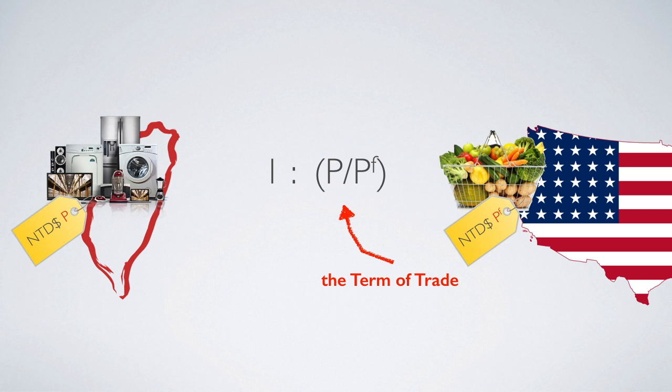So this P over PF will be called the terms of trade value.